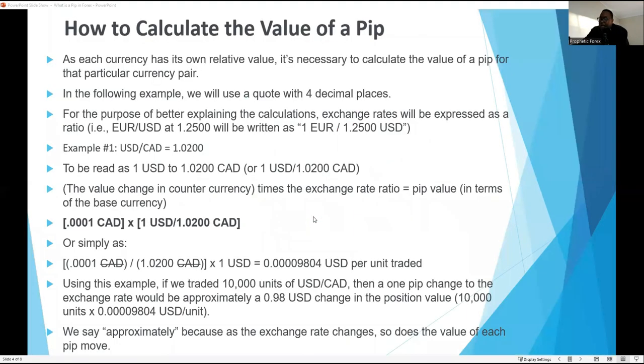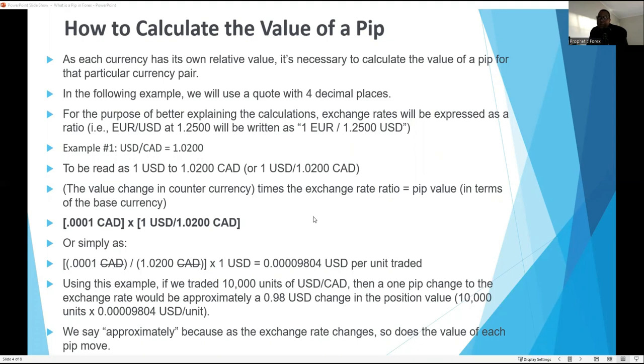Now let's go to the next concept and let's understand how to calculate the value of pips. It's gonna get a little bit cranky and hectic, but I need your utmost focus right here. As each and every currency has its own relative value, it is necessary to calculate the value of a pip for that particular currency pair. In the following example, we can use a quote with 4 decimal places.